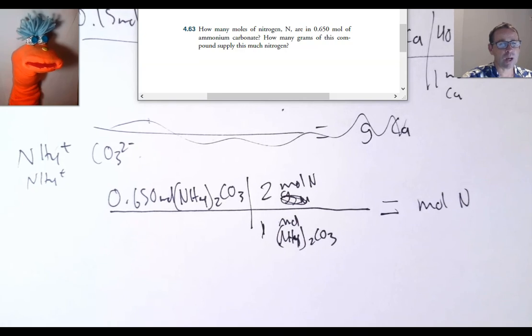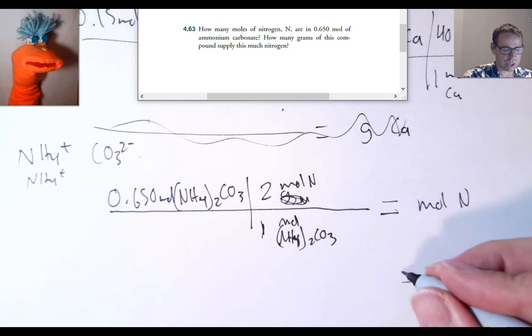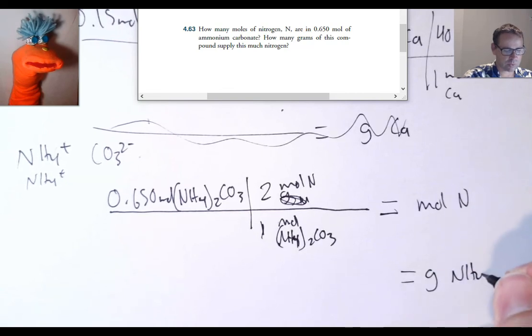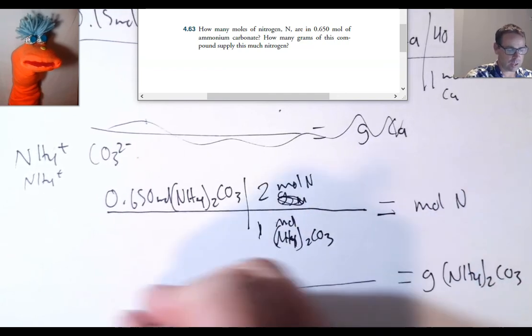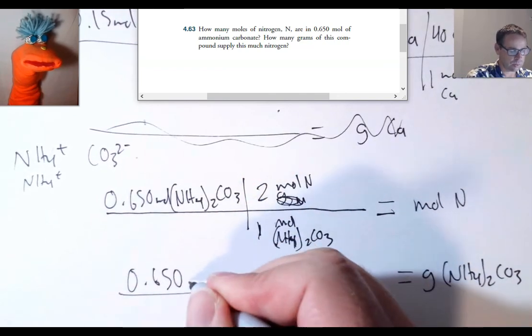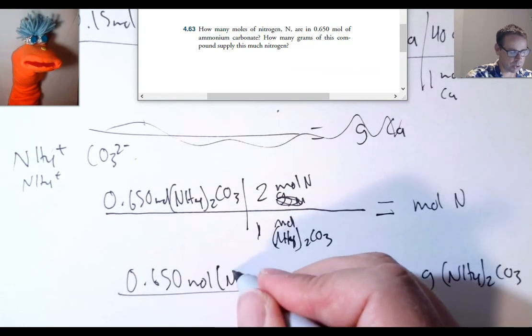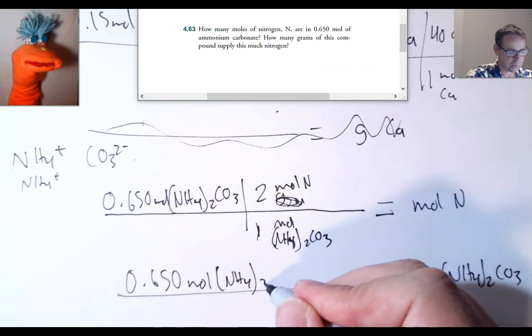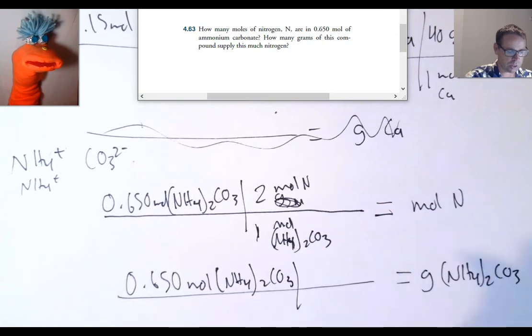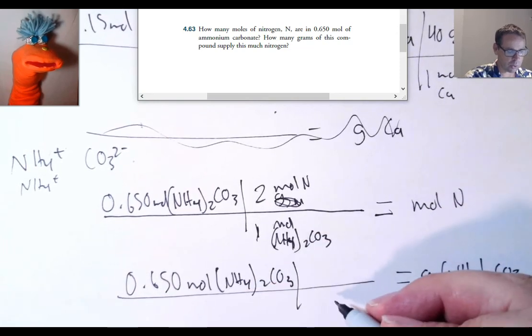And then they want to know how many grams of this compound supplies this much nitrogen. So they're essentially saying grams of (NH4)2CO3. And they're just wanting to know how many grams of ammonium carbonate are in that many moles.